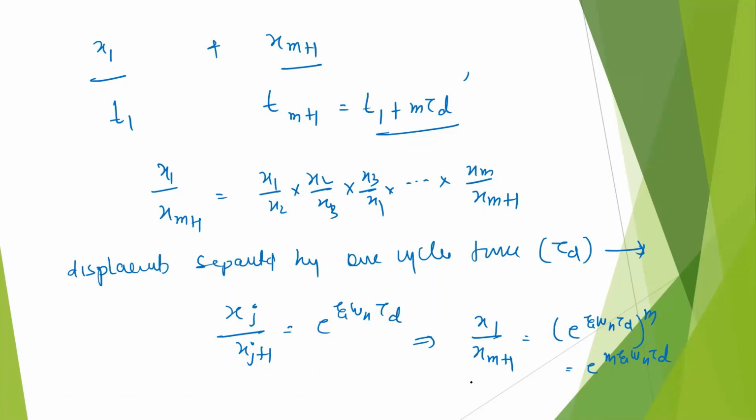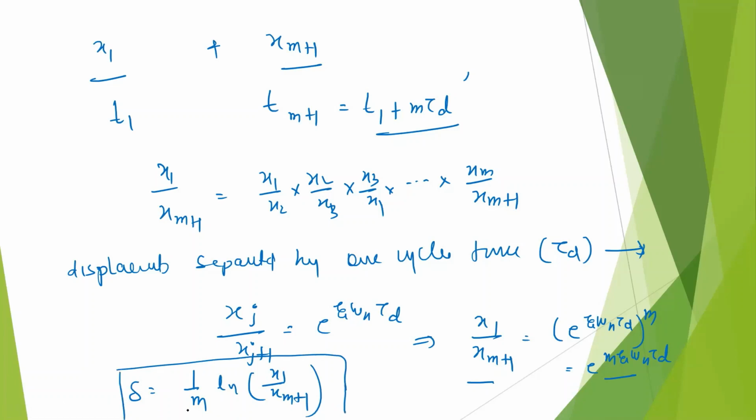From here, if we find the logarithmic decrement, delta equals 1 by m times ln of x1 over x(m+1). So if we know the displacement at two points separated by m times tau d, we can find the logarithmic decrement using this formula.